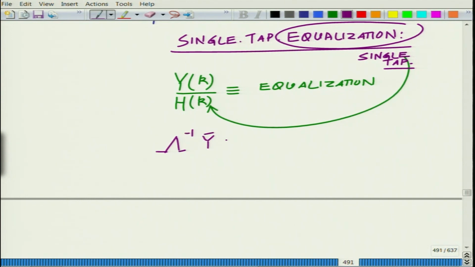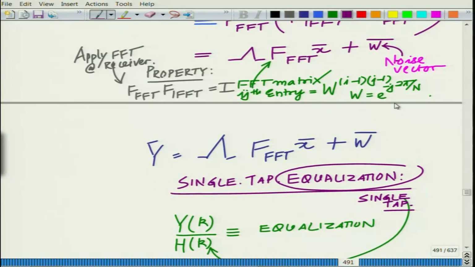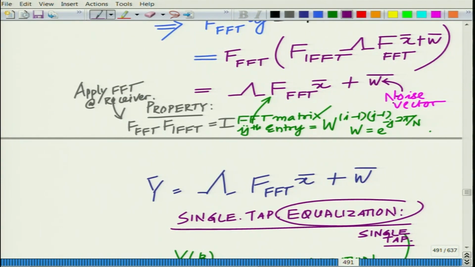And therefore, we are performing lambda inverse overall. If you look at it, y bar becomes lambda inverse times (lambda F FFT x bar plus capital W bar). What is this capital W bar? This is the noise at the output of the FFT.